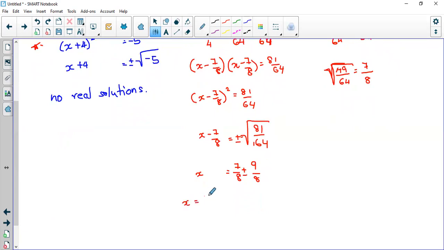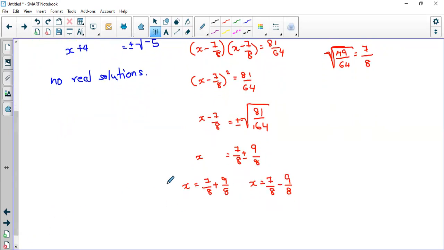x equals 7/8 plus 9/8, or x is equal to 7/8 minus 9/8. So 7 plus 9 is going to give you 16/8, which is 2.